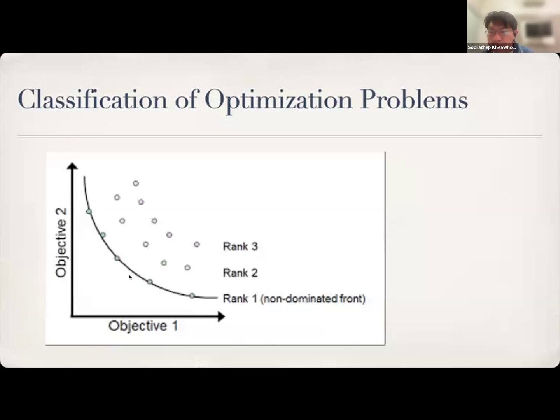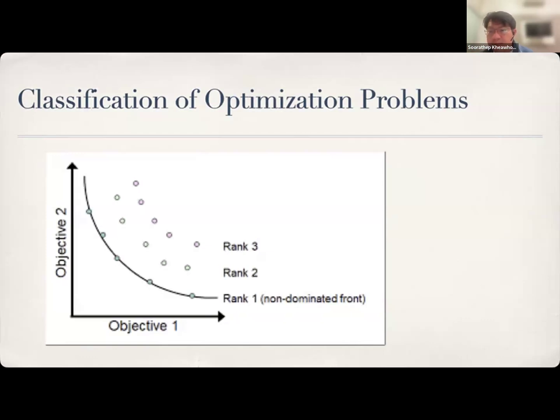And from these multiple solutions, you can assign the weighting. You can form the weighting function. How do you weight objective one, and how do you weight objective two? You can assign the weighting, and then you choose the one solution which is best based on your weighting parameters.